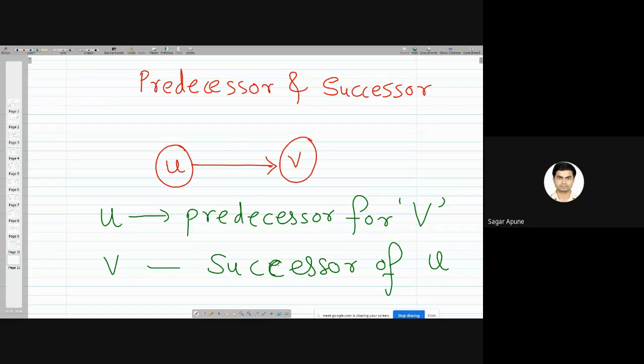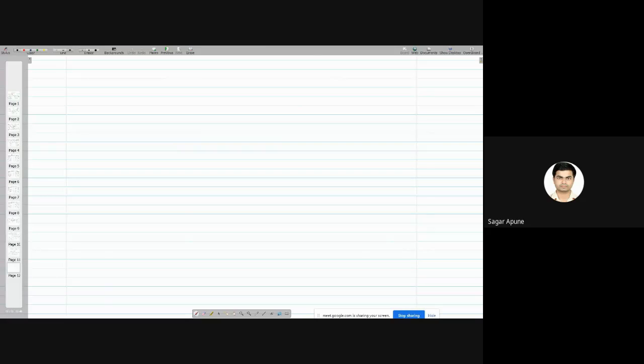Okay. Then next one is relation. What is the meaning of relation for a graph? Suppose my graph is like this.